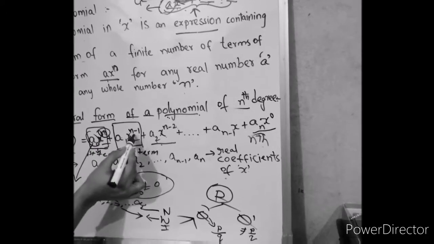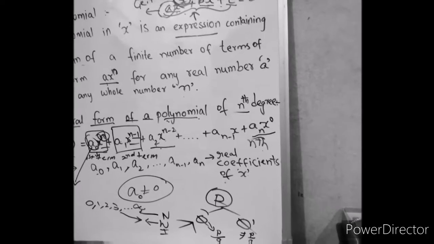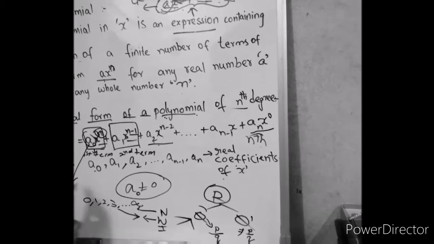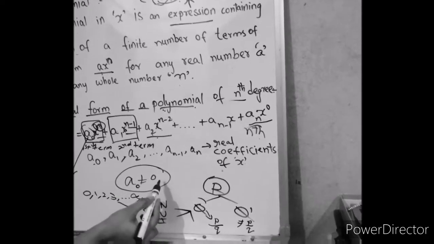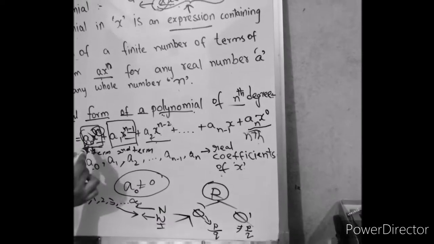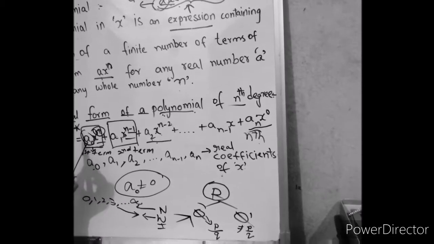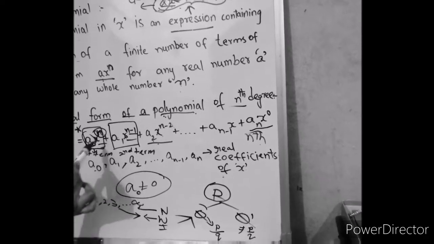We will call it an n minus 1th degree polynomial, because there is a change. If a naught is equal to 0, this term will not be there. Therefore, the important point here is that the highest power coefficient must not be equal to 0. Here n is the highest power.